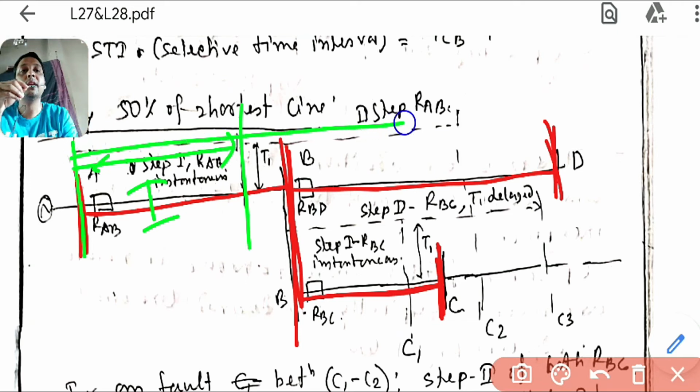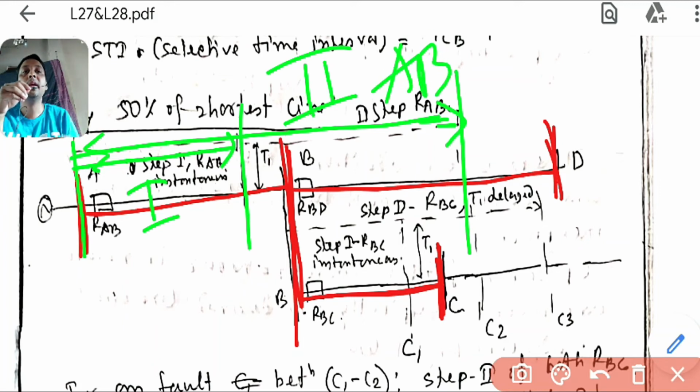Suppose I am not taking 50% of the shortest line, I am taking 50% of this line, suppose BD. Let BD be a little bit longer, so that it will be a proper 50%. So this is step 2 of which relay? The AB relay. But here there is an intentional time delay. This will occur after T1 time.